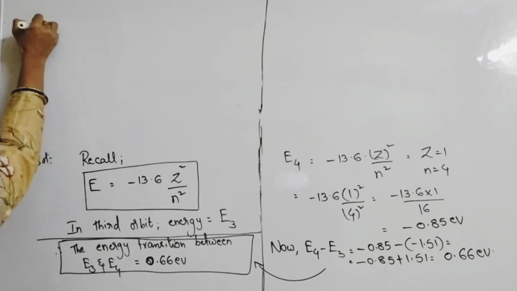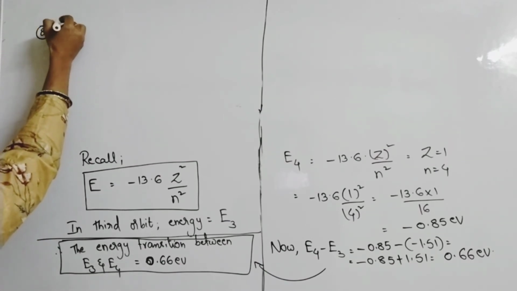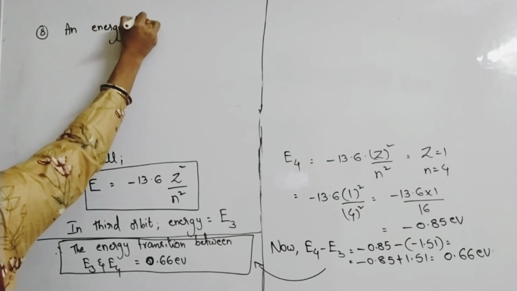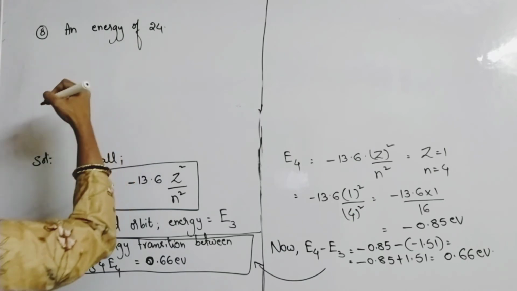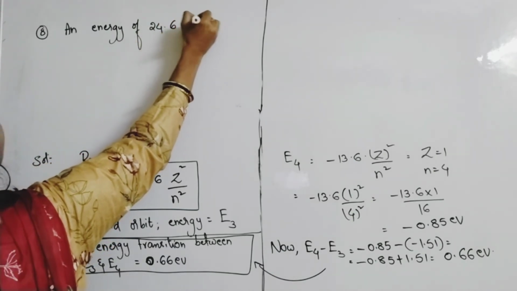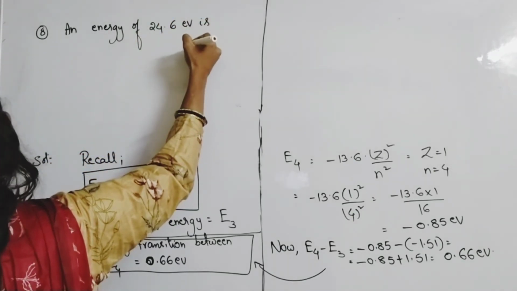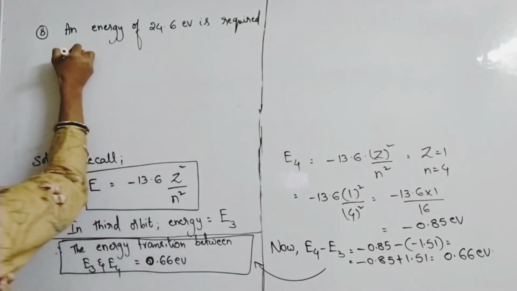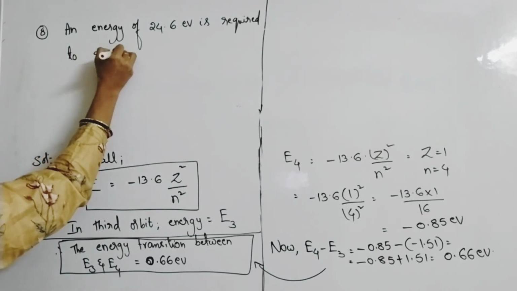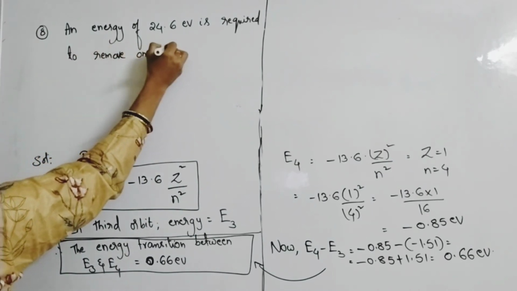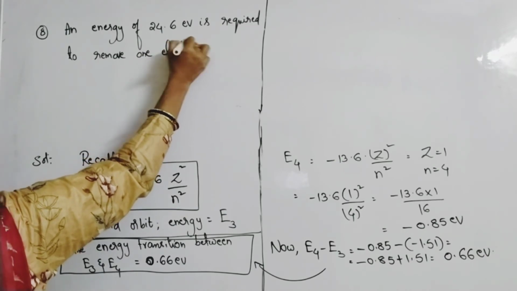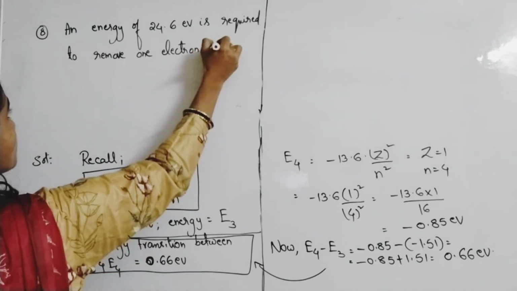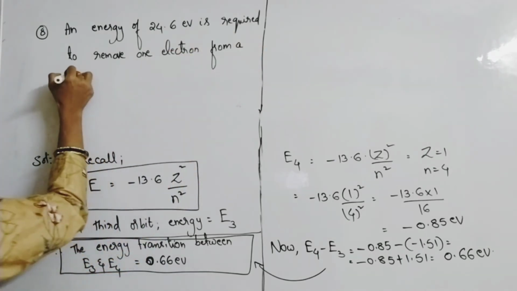Right. Question number 8. An energy of 24.6 electron volts is required to remove one electron from a neutral helium atom.